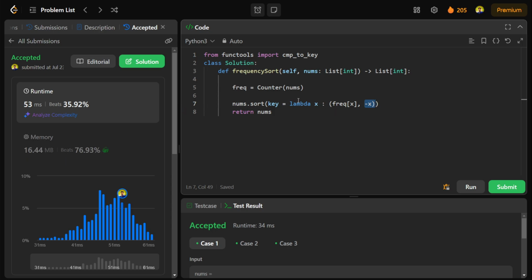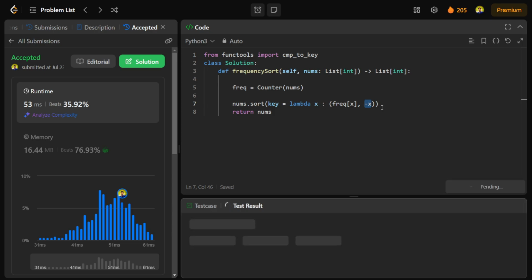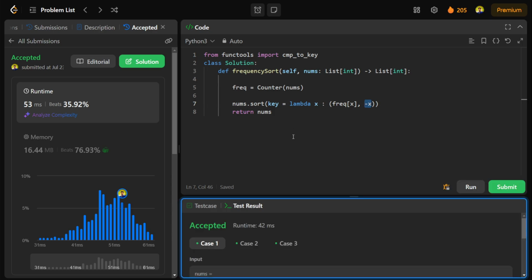Now if we need the element with more frequency to come first, that means if I compare 2 and 3, minus 2 comes before minus 3 because 2 has a larger magnitude. So here I can simply compile this code and see whether it is running fine or not. It is also running fine. I can submit this code.